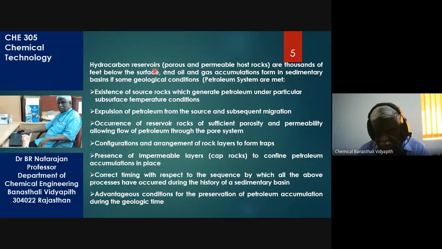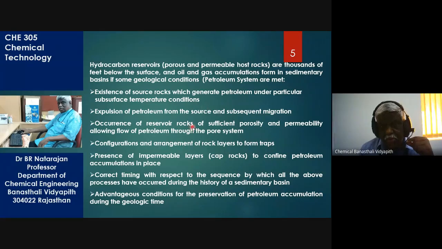In this slide, we are having one glance of geology, which is a field by itself. So there are source rocks where the petroleum started forming, and expulsion of petroleum from the source and subsequent migration. Where it formed, it did not stay. It got expelled from the source rock and started migrating.